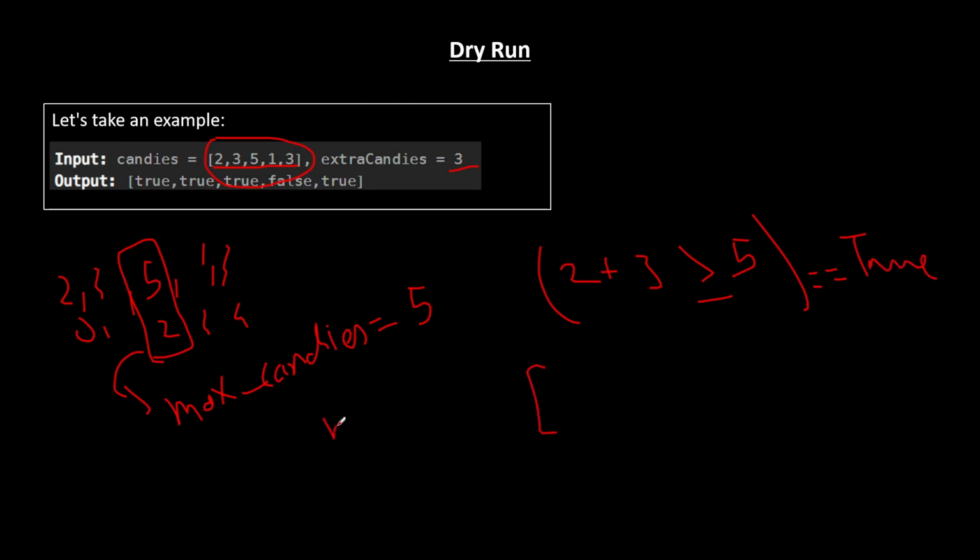So the result list will have the value true in it. Then for the next, this is done. Then we have 3.